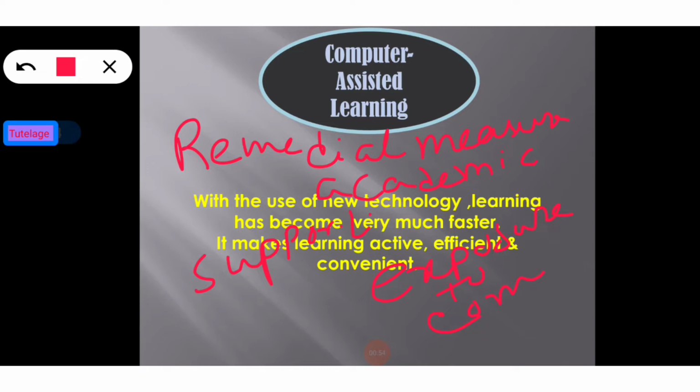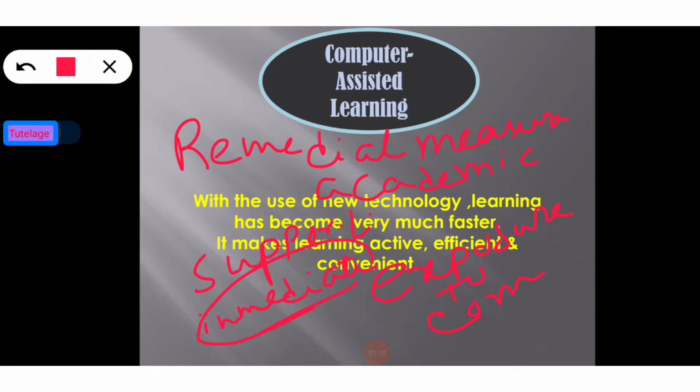It allows students to progress at their own pace, and that's why it is a student centric approach, and to work independently and problem solve in a group. It also provides immediate feedback, which is an important feature of computer assisted learning.